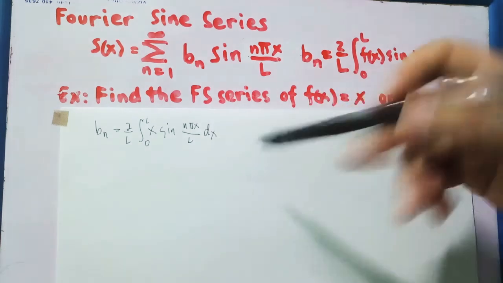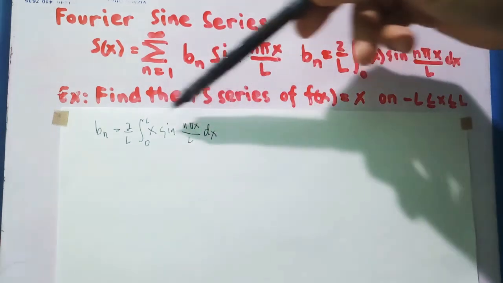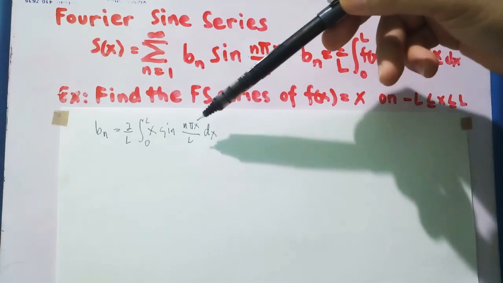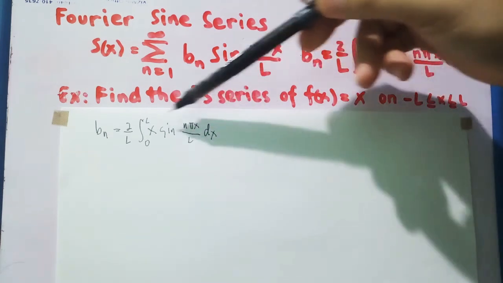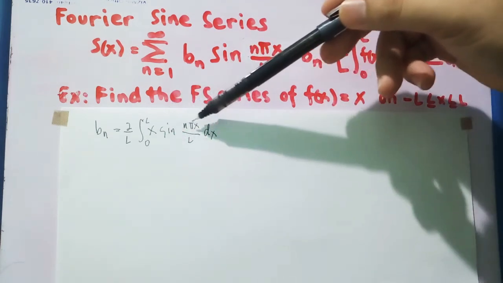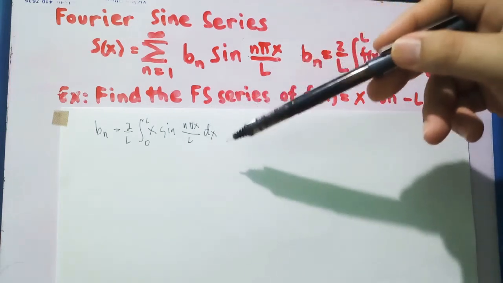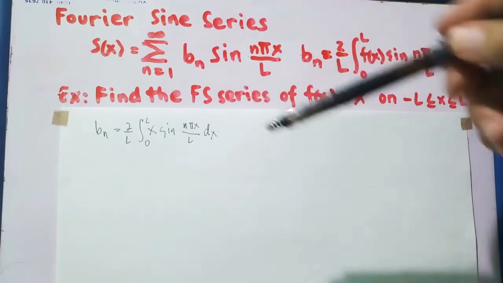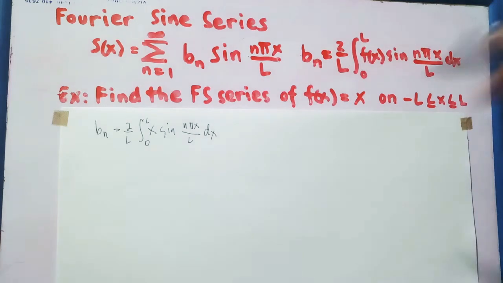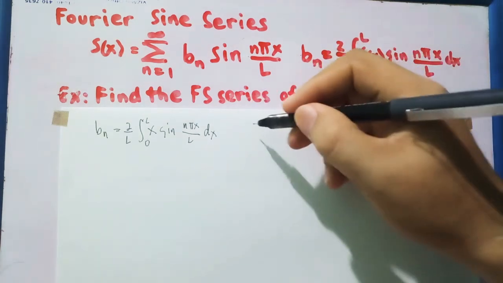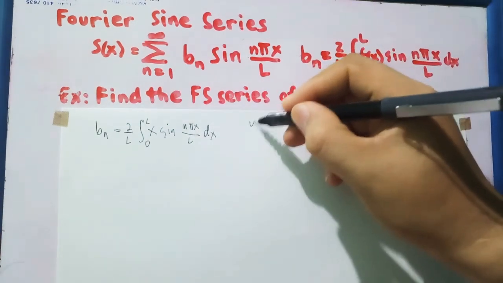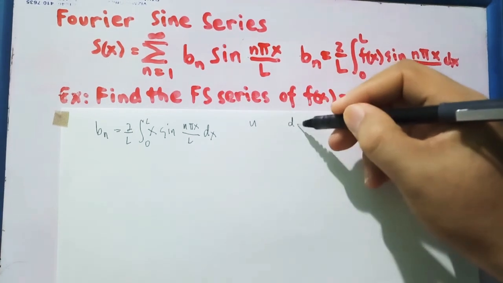Now if you have noticed here, this integration can be solved using integration by parts. We have here x, and then we have here sine of n pi x over L. So definitely we will be using integration by parts for this particular problem. In integration by parts, we have to identify what will be our u and what will be our dv.